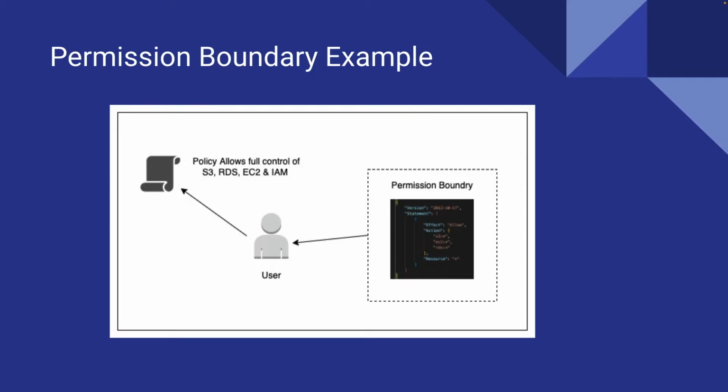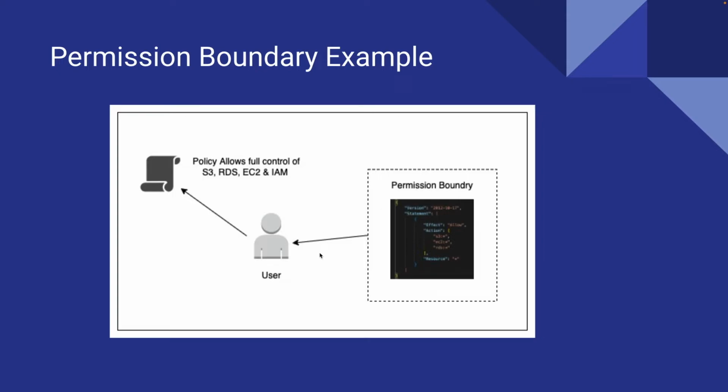In this scenario, let's say someone accidentally added IAM full control to this user's policy. It could possibly be human error. But over here, the same user has a permission boundary set to it. I know this is a little bit hard to see, but I'll show you in the demo. This permission boundary is saying to only allow S3, EC2, and RDS full access.